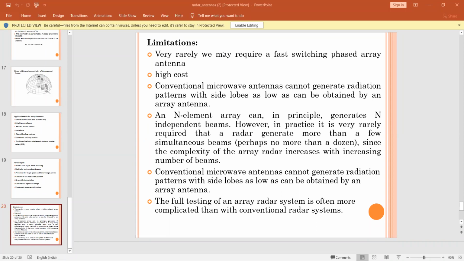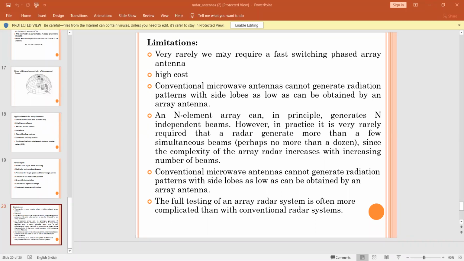If you consider an n element array which generates n independent beams, in practice it is very rare for the radar to be required to generate more than a few simultaneous beams, since the complexity of the array radar increases with the number of beams. This is another disadvantage.